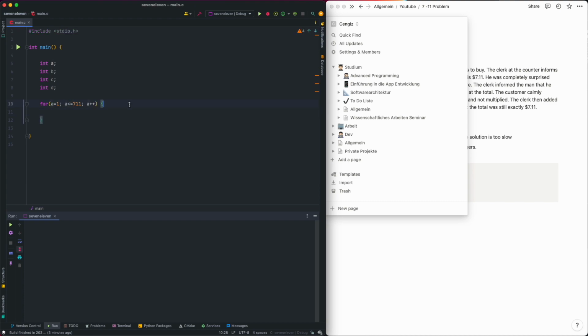Then we can say for B equals 1, B smaller equals 711, B plus plus. And the third loop, for C equals 1, C smaller equals 711, C plus plus. Okay, so we have our 3 loops.